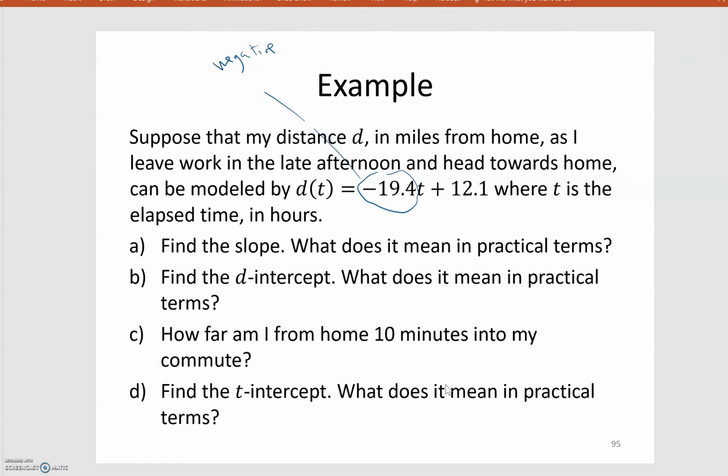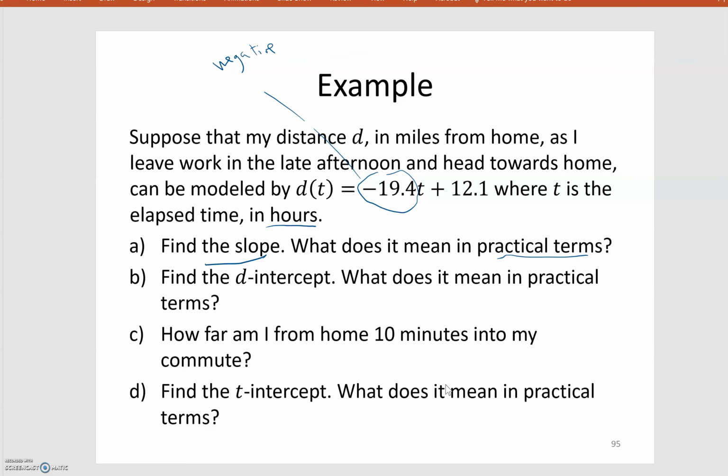Okay. Now to answer these questions, the slope, well, actually we just identified it. It's negative 19.4, and what does this mean in practical terms? It means every hour I have a change of 19.4 miles per hour.